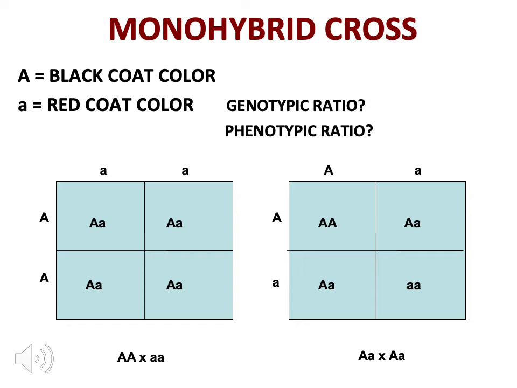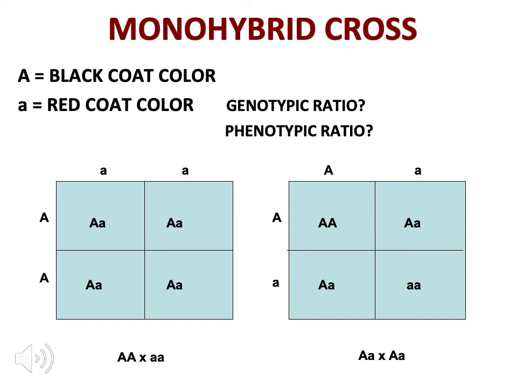I've got 4 boxes, 4 possible outcomes, but every single one of them is big A, little a, which means as far as genotype goes, you'll see the little question at the top of the two boxes, genotypic ratio. I've got a 100% chance of getting a heterozygous guinea pig. Phenotypic ratio, I've got a 100% chance of getting a black-haired guinea pig.